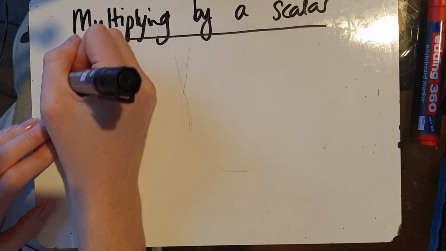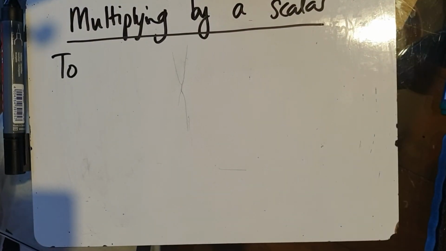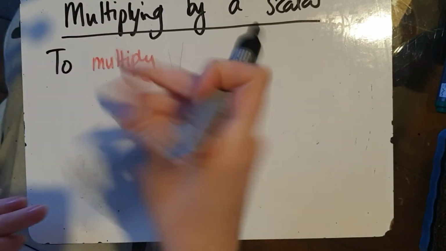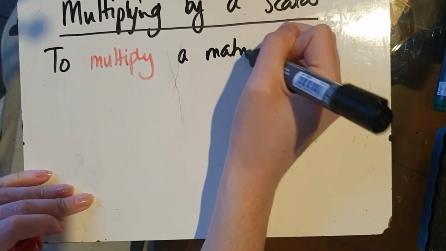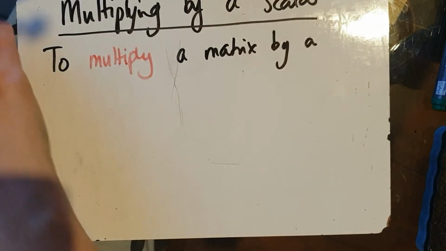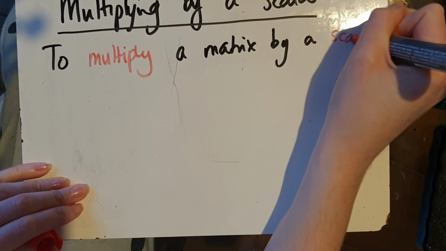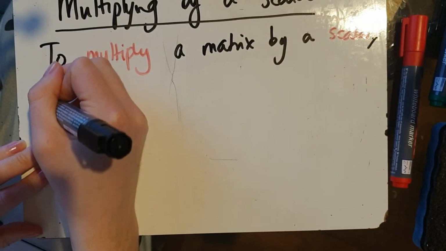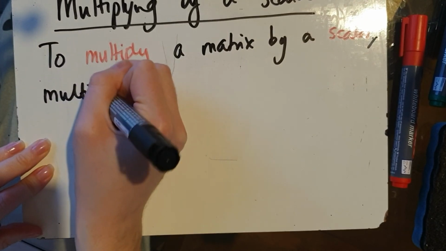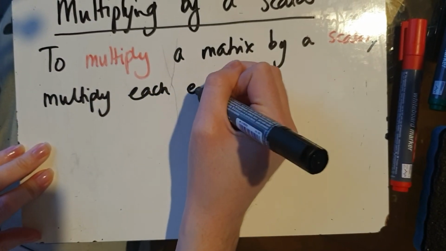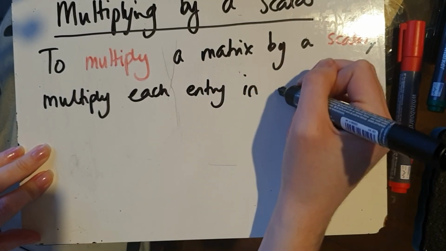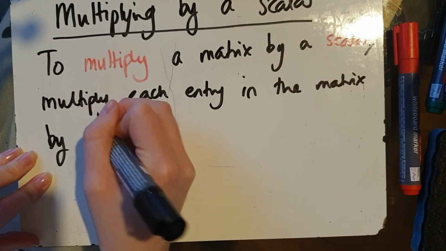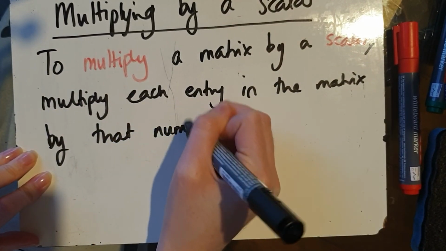So if I want to multiply a matrix by a scalar, which is just a number, then all I'm going to do is multiply each entry in the matrix by the scalar, or by that number.